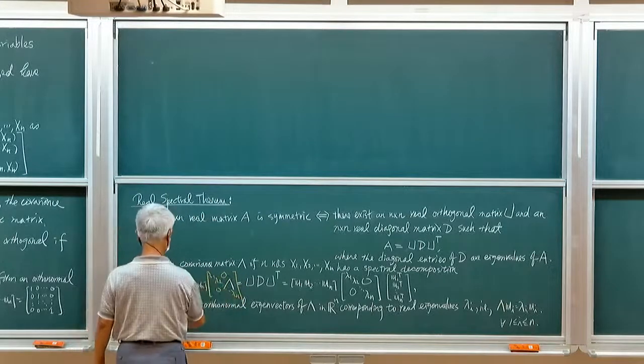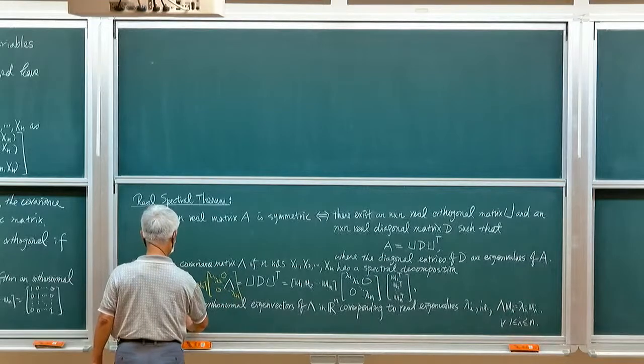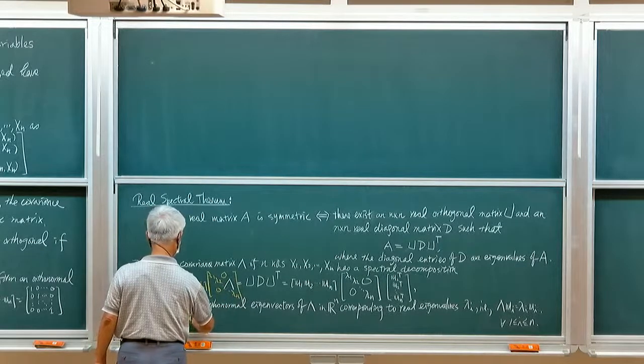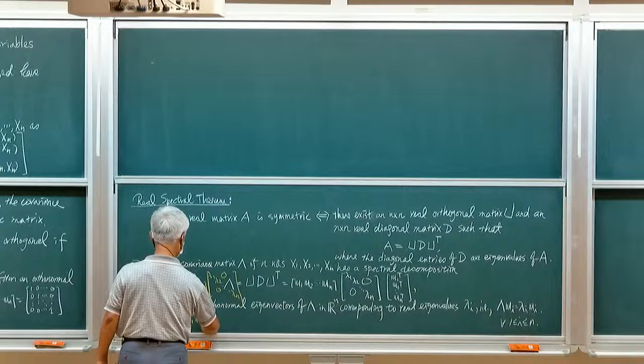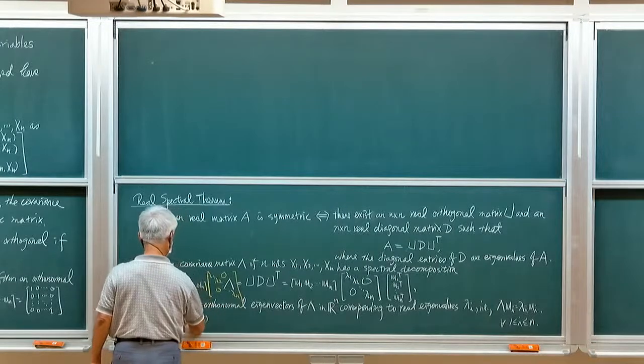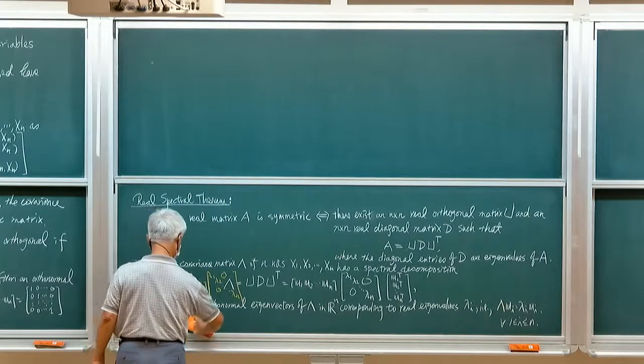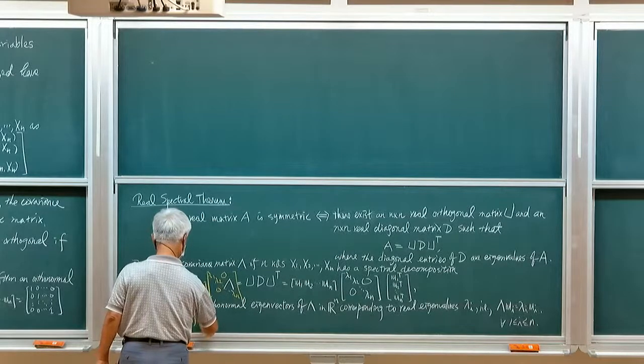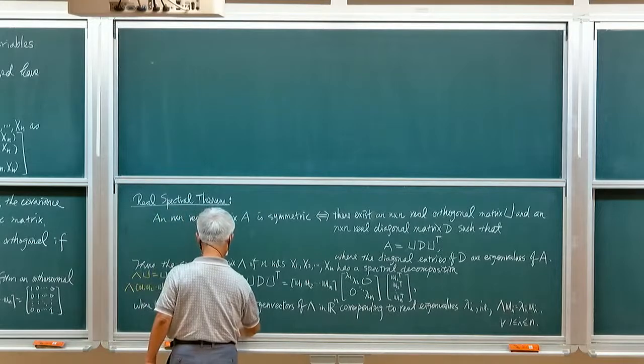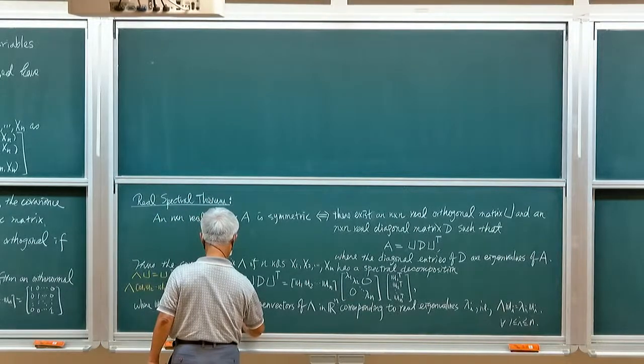When you multiply them, this is equal to lambda 1 u1, lambda 2 u2, up to lambda n un.